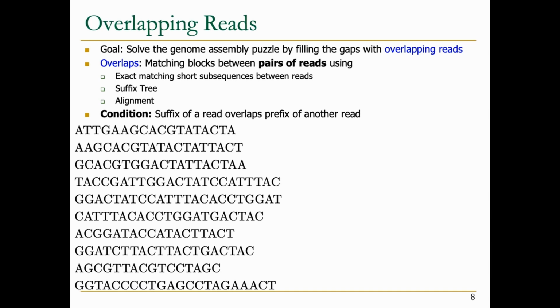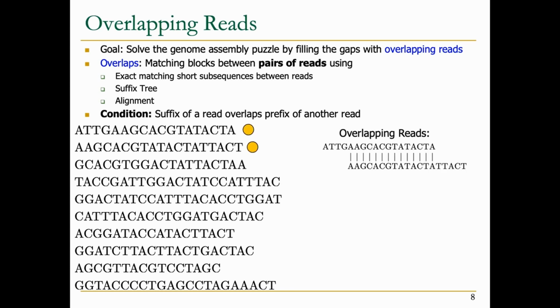We want to extend so that we can construct the genome assembly. But if a read is fully contained within another one, then our knowledge is not extended. We don't create any extra information. There's no entropy there. So we don't really care if a read is fully contained within another one. That condition is there because of this.